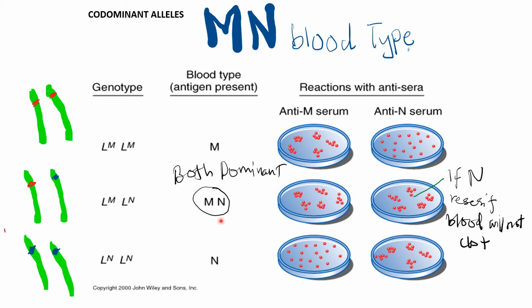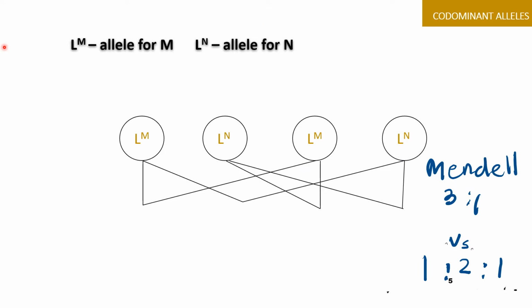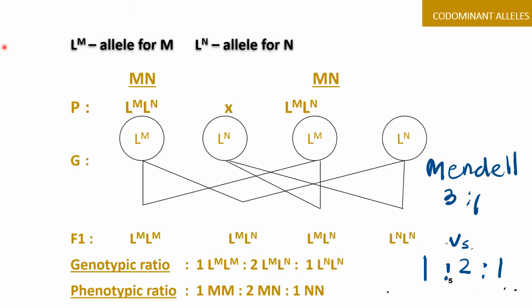If either M or N were recessive, it should show one character only. But in this case, the blood reacts with both antiserum M and antiserum N, so both phenotypes are shown. This we call codominant. Let's cross MN and MN.